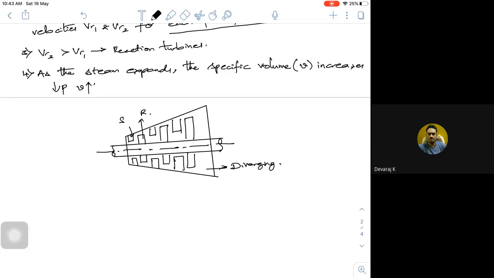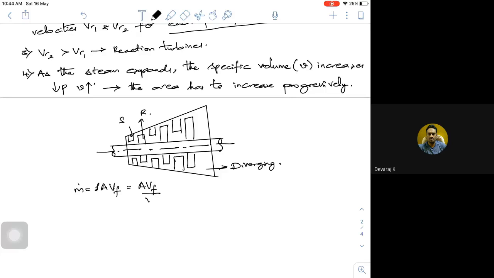Because of this, the area has to increase progressively. We know that the mass flow rate is rho A Vf, or I can write it as A times Vf divided by the specific volume.